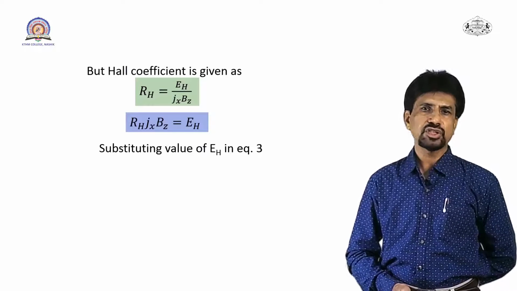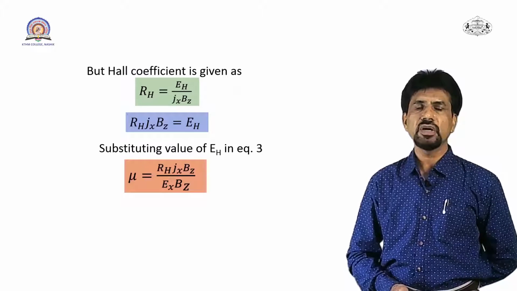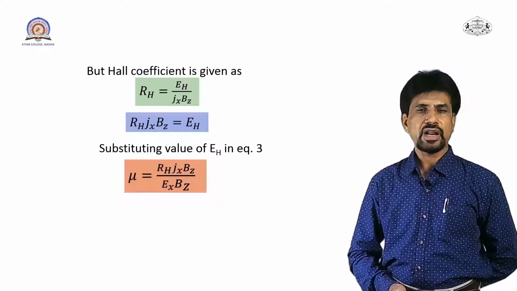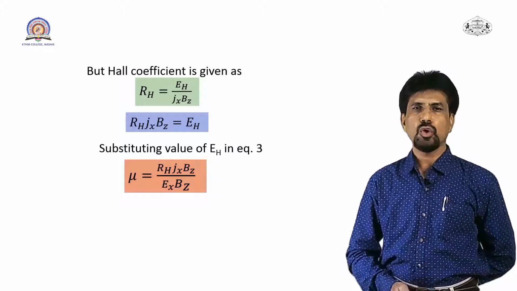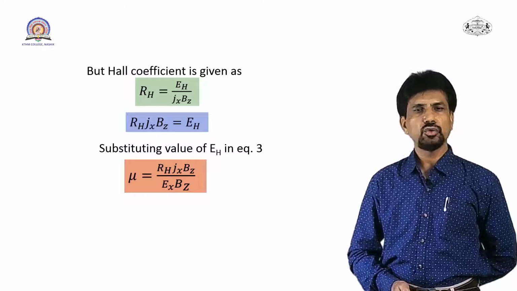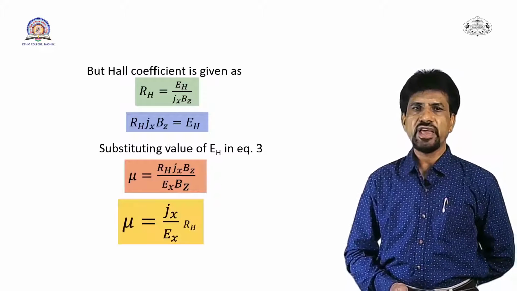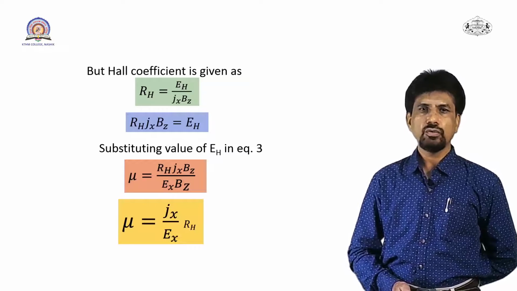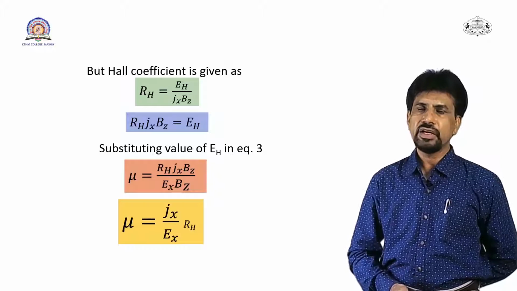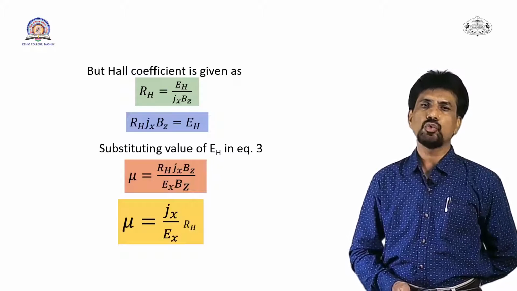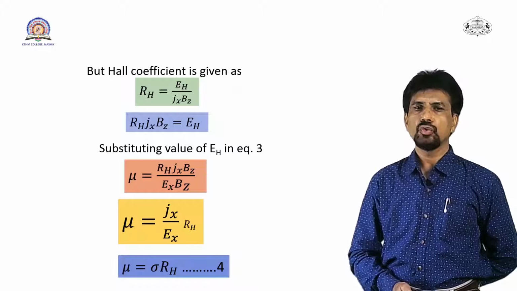Now by substituting the value of EH in equation number 3, we can write the expression of the mobility: mu is equal to RH into JX into BZ divided by EX into BZ. By cancelling the term BZ, we get mu is equal to JX divided by EX into RH.